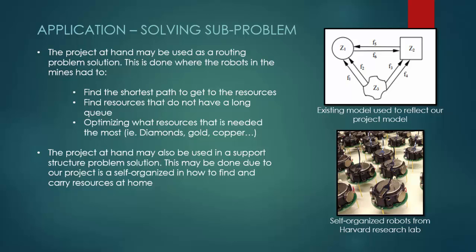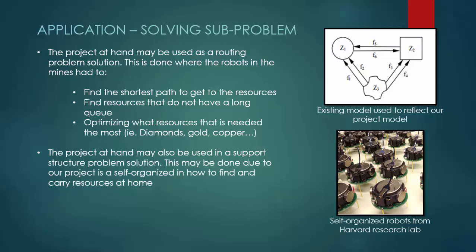And another thing, our project can be used to find resources that do not have a long queue, and that's one thing that we want to add to the project at hand. Let's say the diamond has a long queue, then the robot has to communicate with the other robots around to find which natural resources need help. That means if diamonds has a long queue, then the robot can choose to go to copper just so that they eliminate that time.